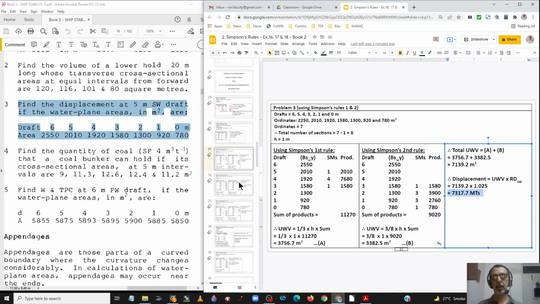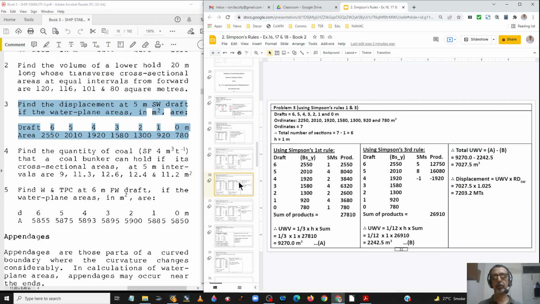Now, the same problem can also be solved using Simpson's rules 1 and 3. Using Simpson's rule 1, I'm going to use the ordinates, the Simpson's multipliers 1, 4, 2, 4, 2, 4, 1, and adding up all the sum of all the products is equal to 27,810.